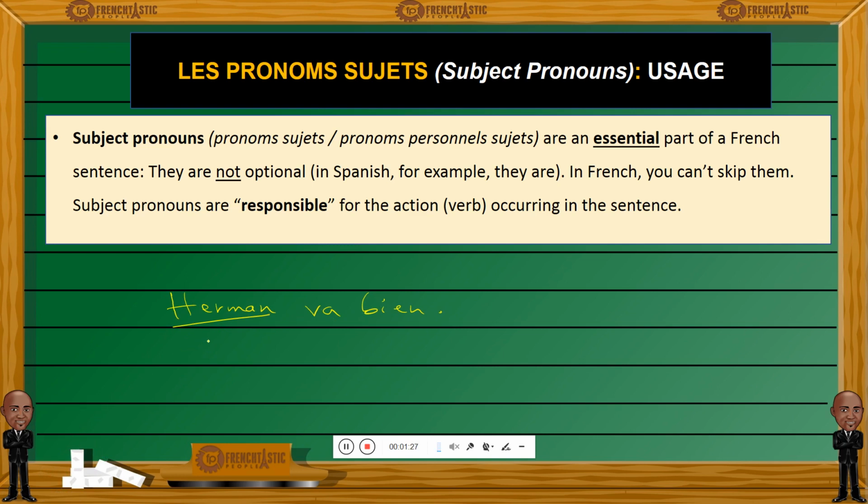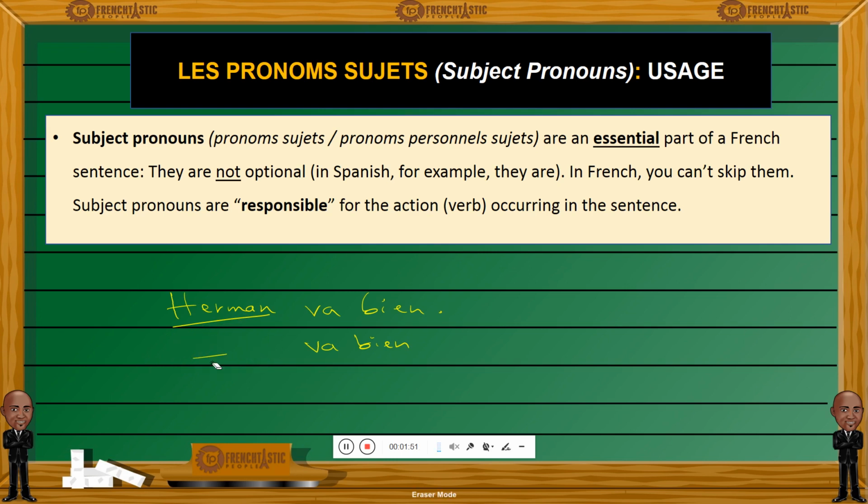I could say, for example, il va bien. He's doing fine, il va bien. So, il as a subject pronoun replaces a noun, in this case, Herman. So, a subject pronoun is a pronoun, and a pronoun replaces a noun. It stands for a noun.